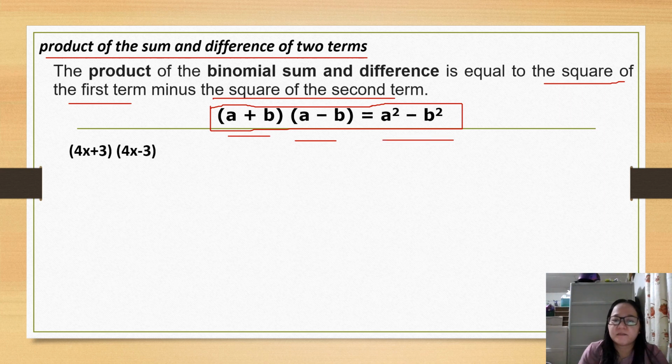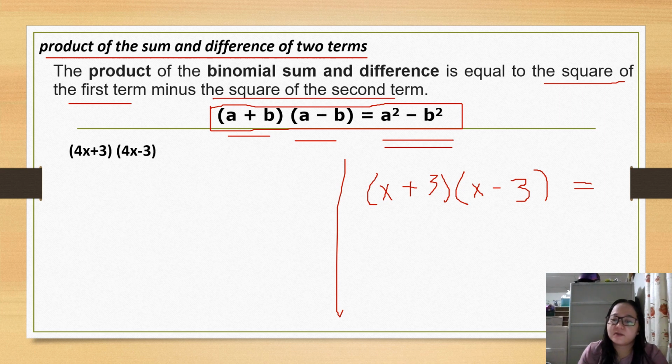The product is simply equal to the square of the first term minus the square of the second term. Say for example, we have x plus 3 times x minus 3. So this is finding the product of the sum and difference of two terms. Actually, you can make use of FOIL method, but you can also apply the shortcut.